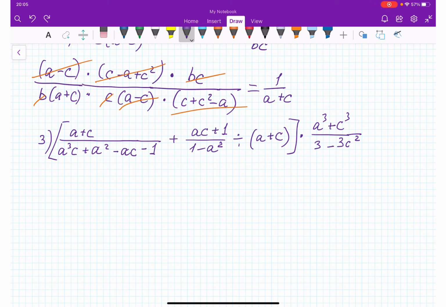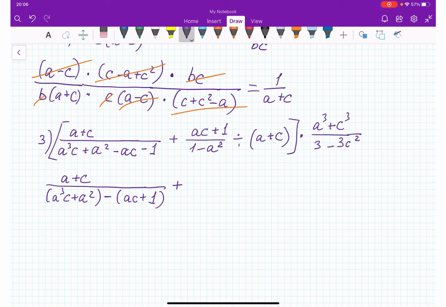So in numerator I have a plus c. In denominator I'm going to try to group a cubed c plus a squared. Now since I am going to put negative, I have negative sign, then in parentheses it's going to be ac plus 1, right? So as not to disbalance the sign. So once I open parentheses, you can see I'll get again negative ac and negative 1, right?